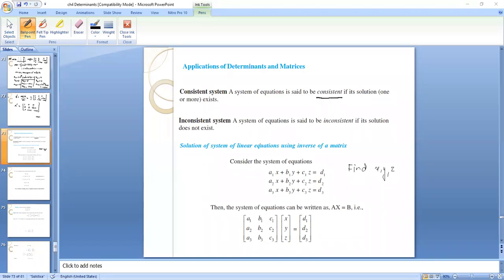If we are not able to find the solution of the equations, the system is said to be inconsistent. So we will study two types of system. One is consistent, the other is inconsistent. A system is consistent if its solution exists, and a system is inconsistent if its solution does not exist.